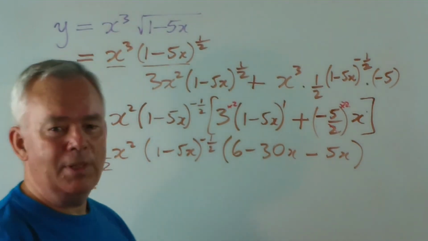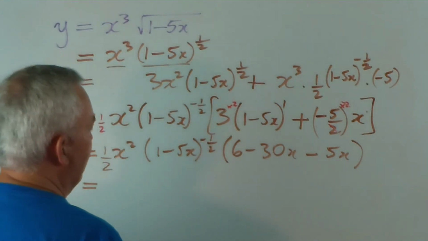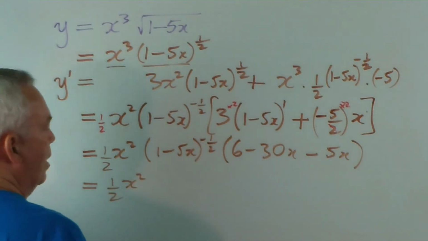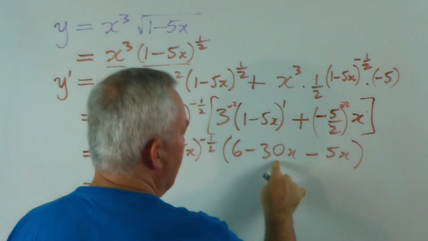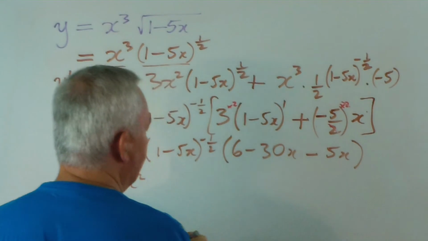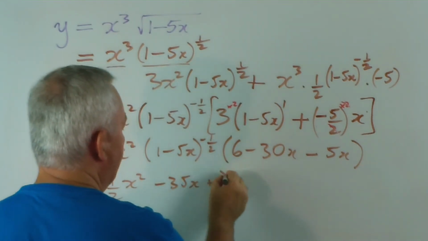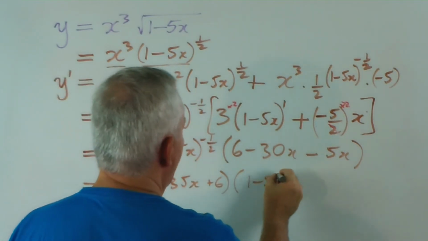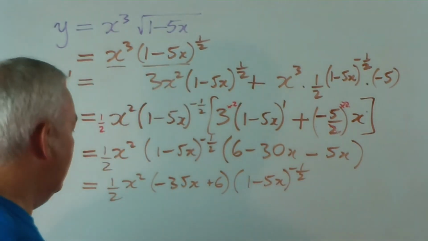I grew up in an age where we did fractions a great deal, so I find it very comfortable. Now what are we left with? We're left with a half x squared. This here, if I add them together, is going to be minus 35x plus 6. And I'm going to write this at the end because it's the worst part. And the convention is we like to leave that at the end.